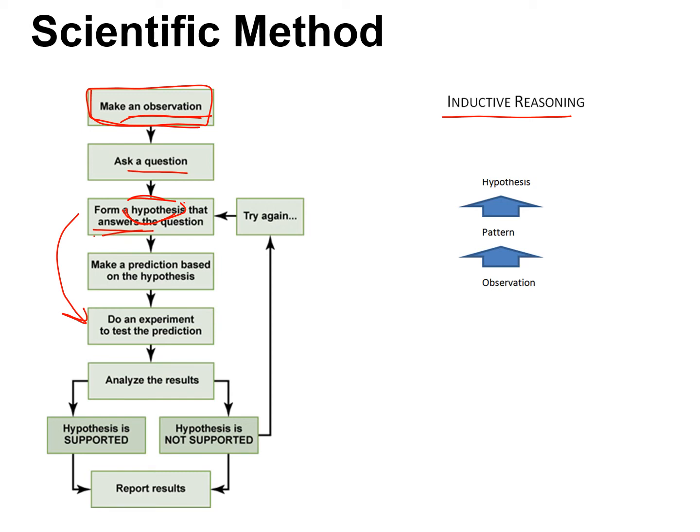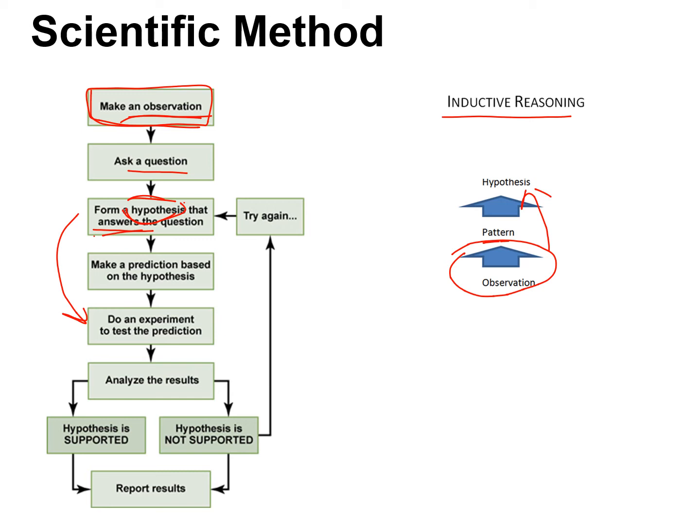On a personal note, you could observe that the pizza you ate last night had anchovies on it. You didn't like that pizza, so you induce that you don't like pizza with anchovies. With inductive reasoning, you make the observations, you observe a pattern, and you generate the hypothesis that way.